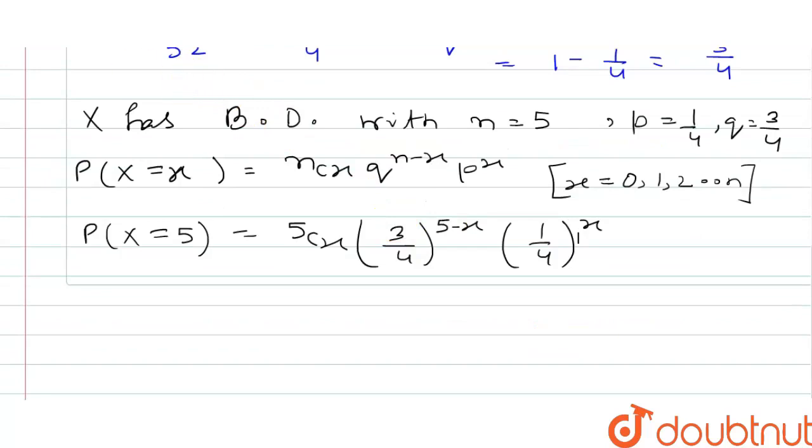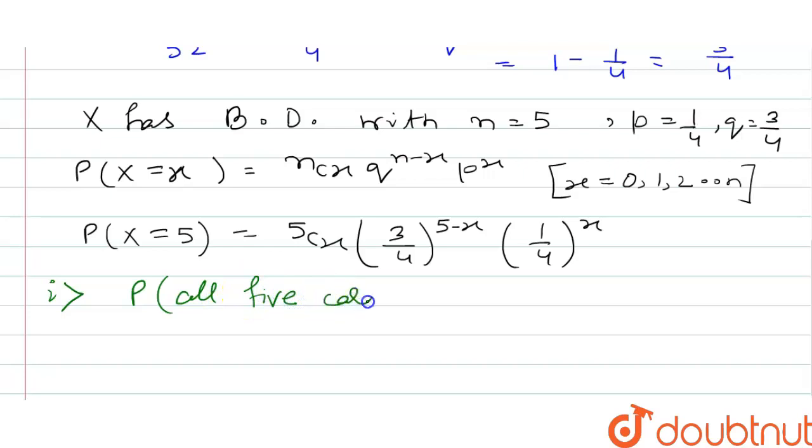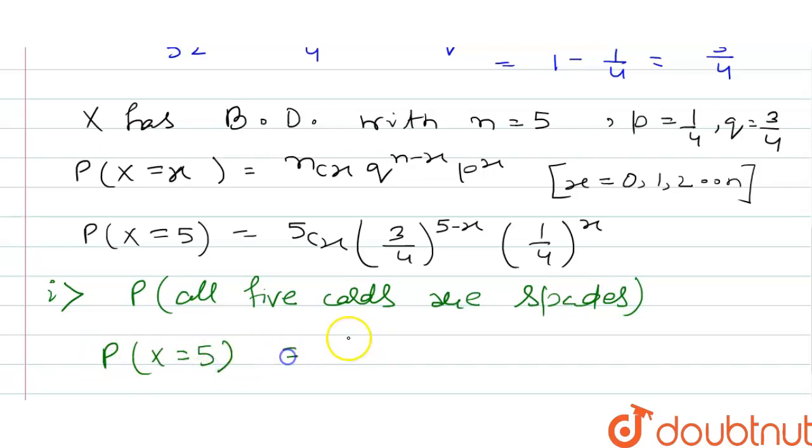Now we have to solve the first part of the question. The first part says the probability that all 5 cards are spades. Now we have to find P(X = 5), that is 5C5 (3 by 4) to the power 0 (1 by 4) to the power 5.